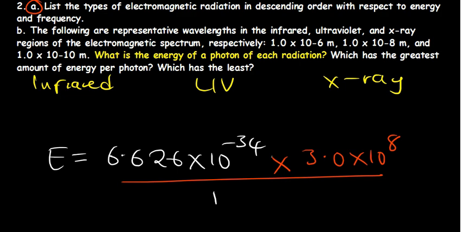Beginning with the very first one, 1.0 times 10 to the power negative 6, that is for infrared.